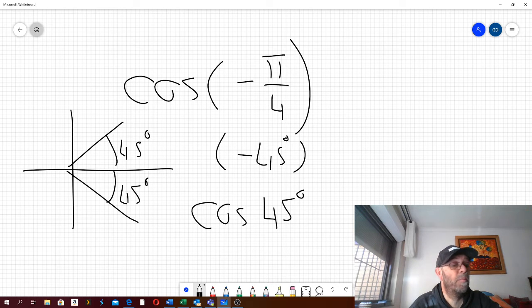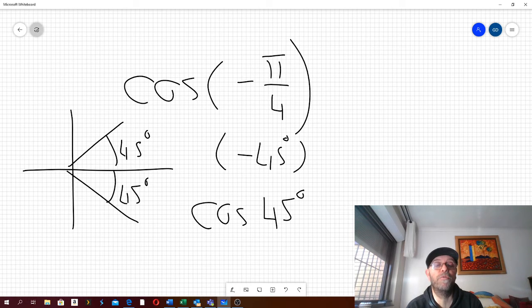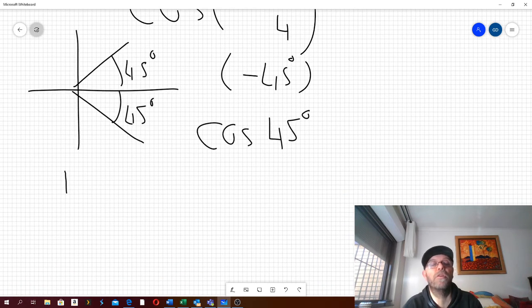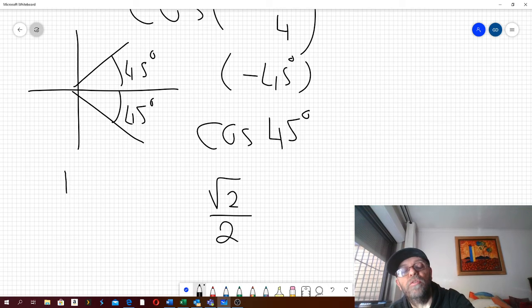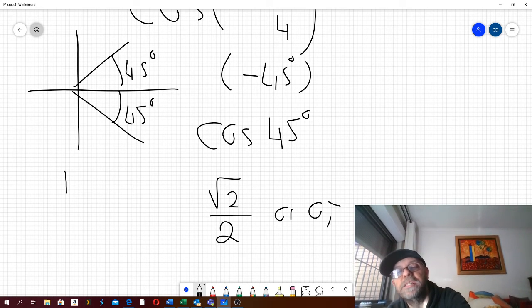Now more than that, you should realize that that value of 0.707 is not just a decimal value, but you should know that the cos of 45 is a value known as root 2 over 2. So I'm going to write both of those values on here. So cos of 45 would be root 2 over 2, or 0.707.